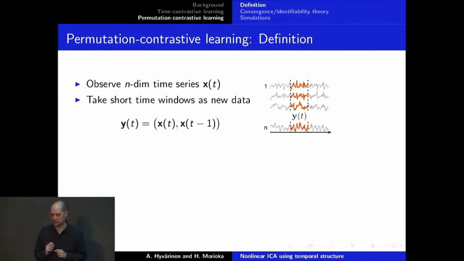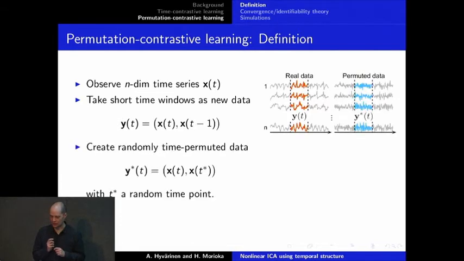In the very simplest case, we take just time windows of length 2, so just two time points next to each other. And then we create this artificial time-permuted data where we take windows of 2 data points, but from random time points, so that basically we destroy all time structure. There are no time dependencies in this data, but the marginal distributions are exactly the same as here because we take samples from the same x_t.